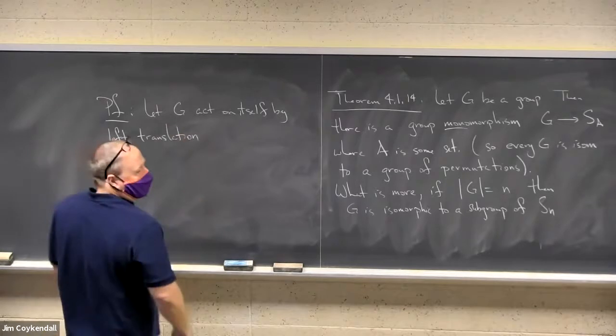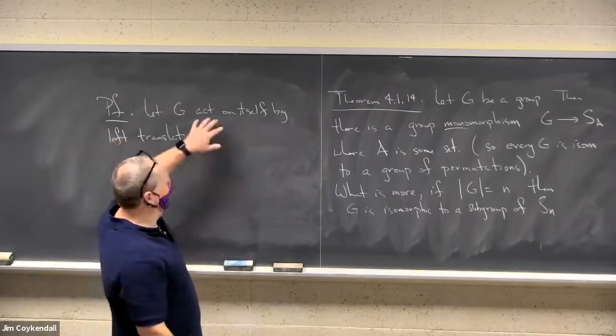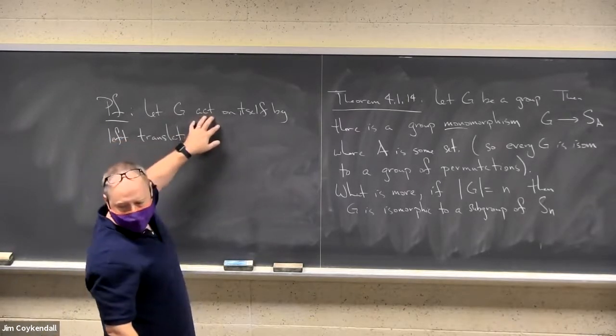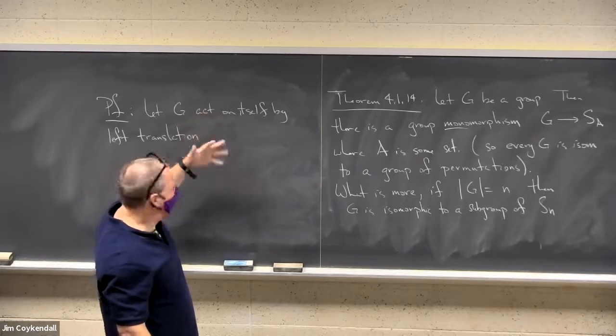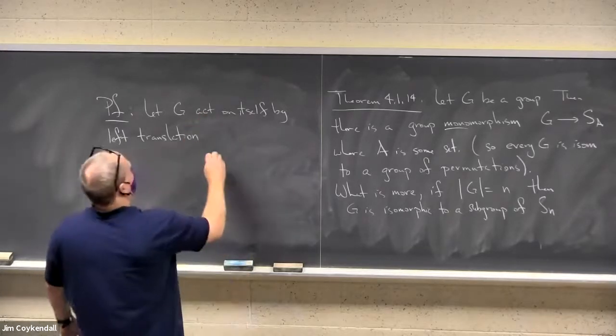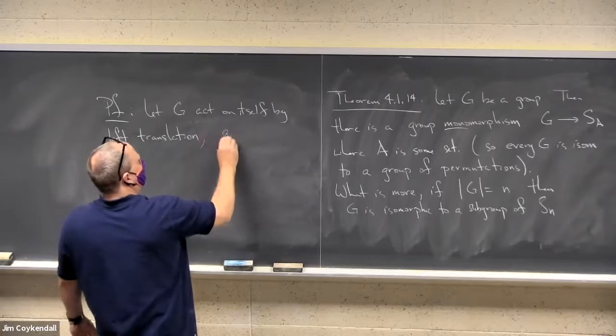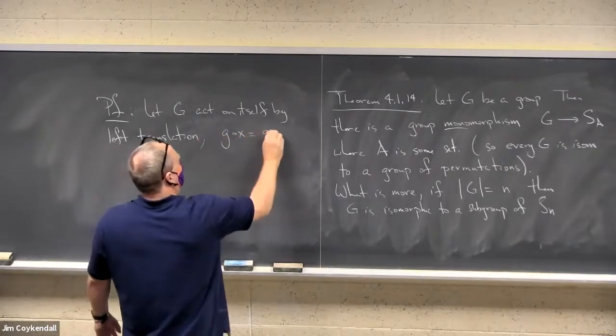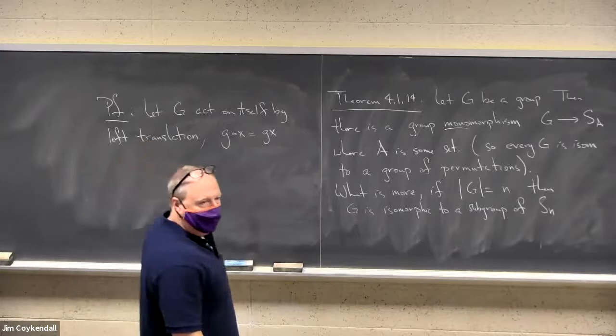So again, of course, one of my favorites, there's a lot of utility of G acting on itself and also G acting on cosets of subgroups. But of course, what I mean by this is G acts on X by multiplication.